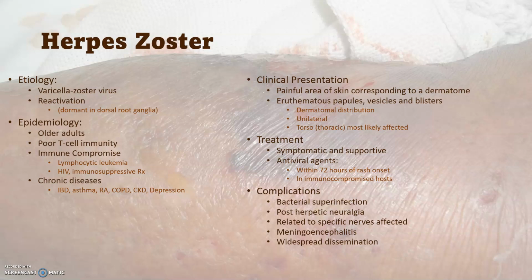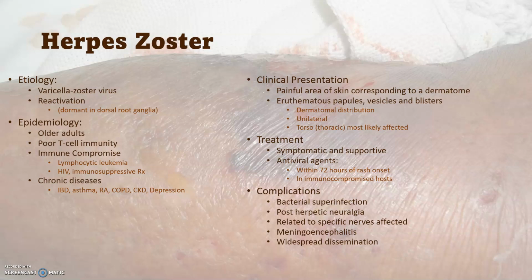The common complications include bacterial superinfection and post-herpetic neuralgia, which can be quite troublesome and which may require specific treatment. Or these may be related to the specific nerves affected, particularly cranial nerves, so things like Ramsay-Hunt syndrome or herpes zoster ophthalmicus, in which there are really specific complications.